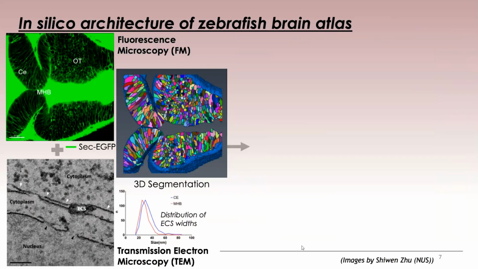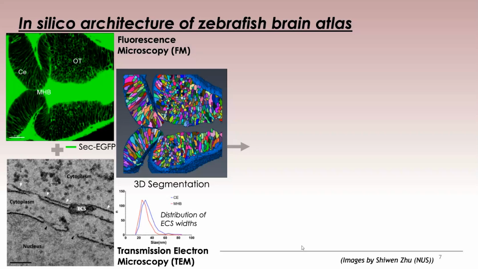To do that, we first need images that are of high enough resolution. I'm not going to go through this, but this is done by our collaborators at NUS Singapore. But this is not trivial, and it's actually been a disadvantage in the past for these types of simulations.